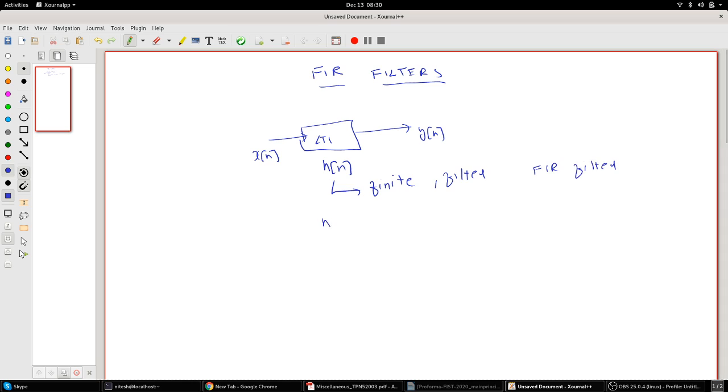H of n has non-zero values from 0 to some value, assume it's m, so this m is constant or finite. For values from 0 to m it exists, for other values it is 0. Secondly, the LTI system acts like a filter, so that's why it is called a FIR filter.